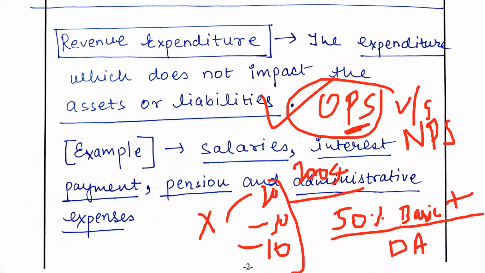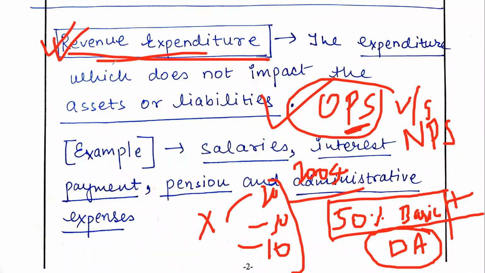Dearness allowance, which I think you all know as mehngai bhatta. So this was inflating the revenue expenditure of the government, and because of that, we did not have enough money to invest in capital expenditure.